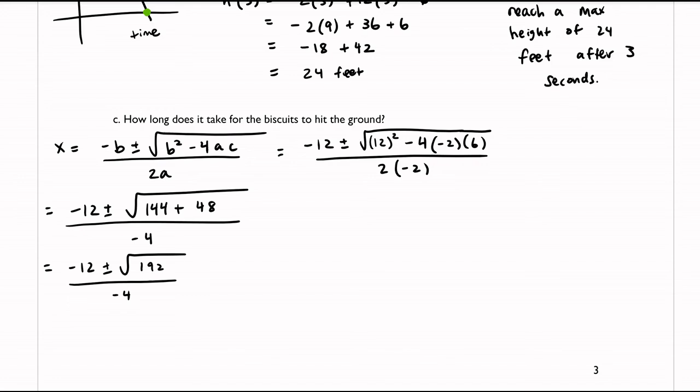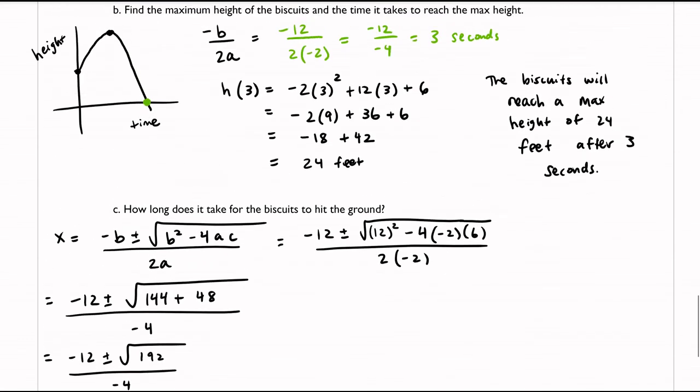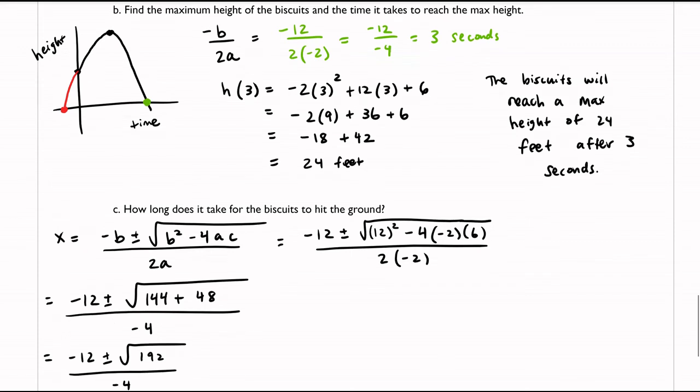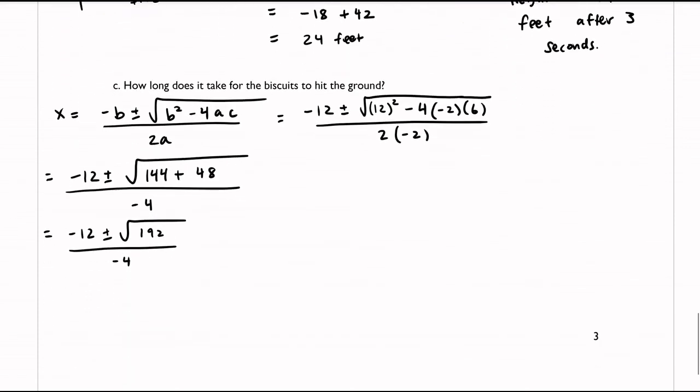Okay, so if it wanted exact answers, then we would go one more step and think about which one was going to give us a positive answer, because the reason that there are two answers is because if we went in the other direction, there would be a root here and a root at the green ordered pair as well. But in the context of this problem, it only makes sense to use the positive value.